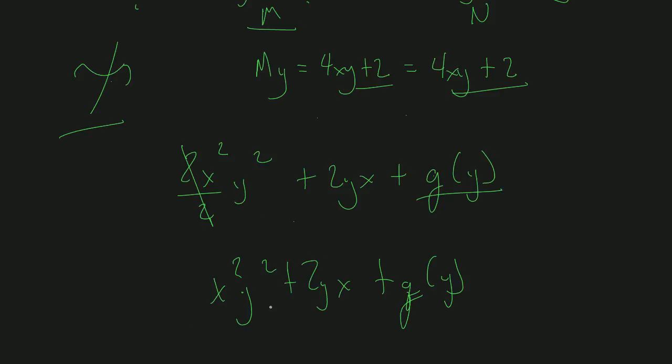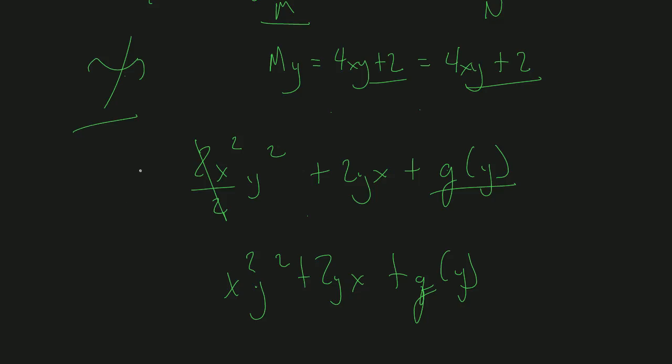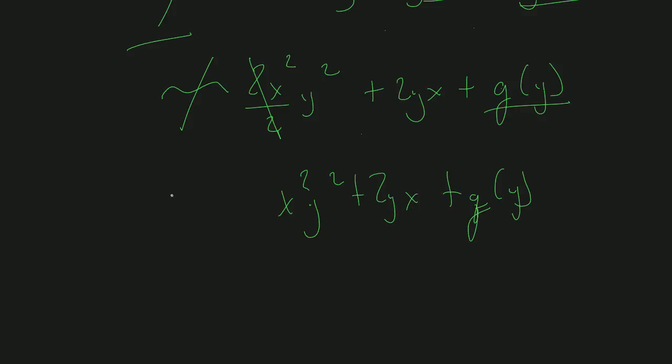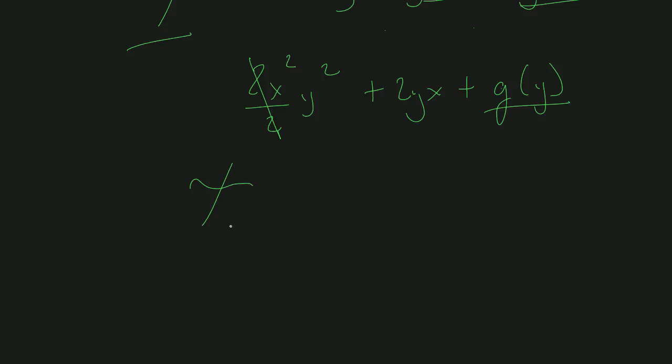If we take the derivative of this with respect to y this time, so this is psi, but we don't have all of it, so now we want psi y.